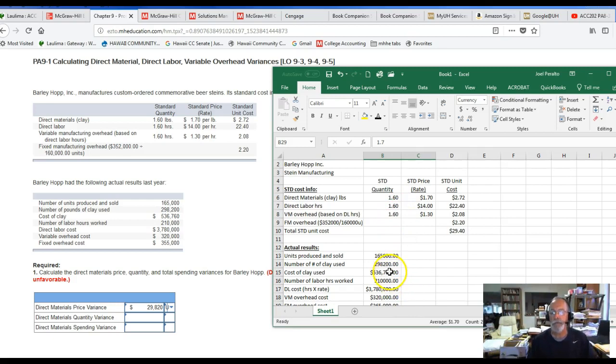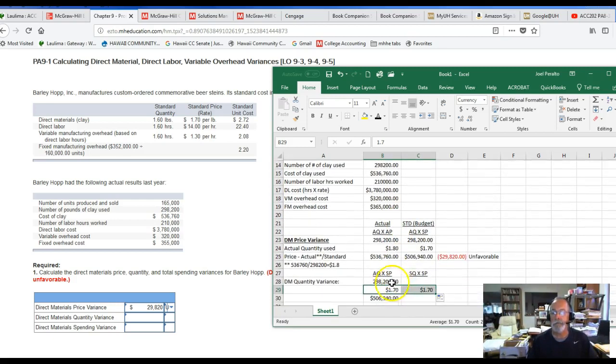Let's try that. Number of pounds of clay used, 298.2.